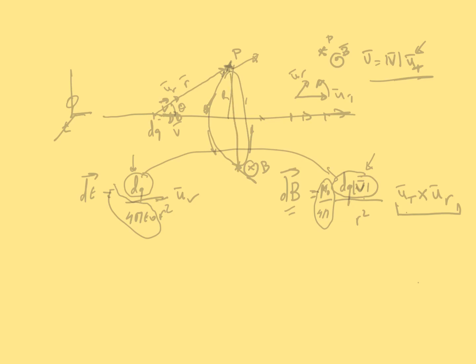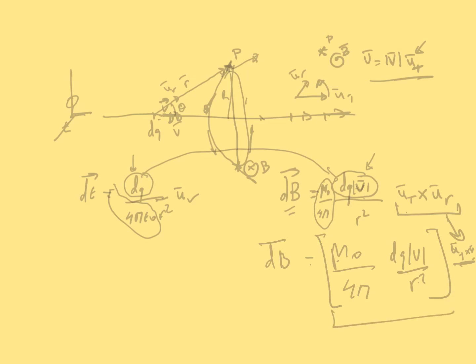So let me go to the equation I write, dB, this is the magnitude of the vector, mu sub 0 over 4 pi dq by the magnitude of v divided by r squared. This is the magnitude of the vector, and the direction of the vector is u sub t cross u sub r. Okay, so this is the magnitude, and this is the direction.